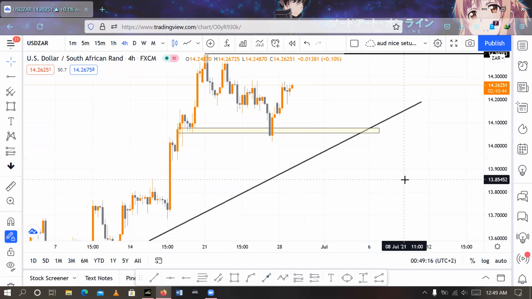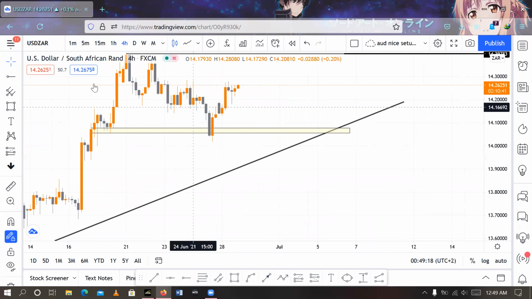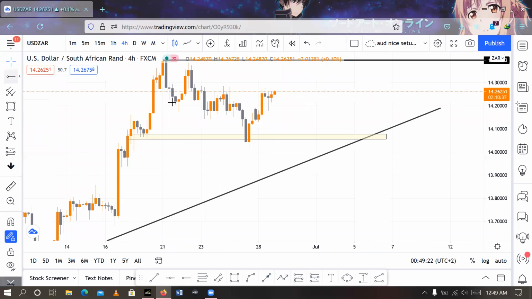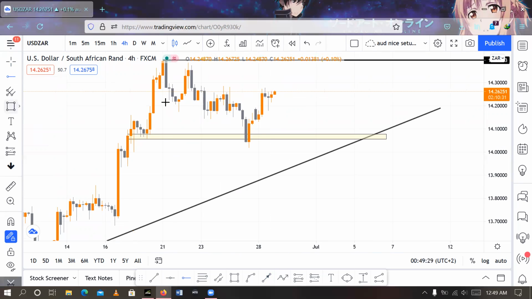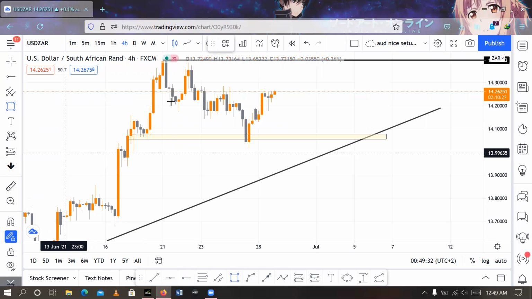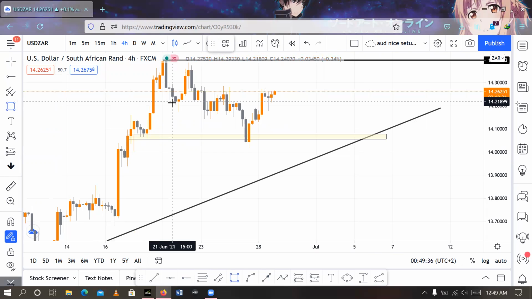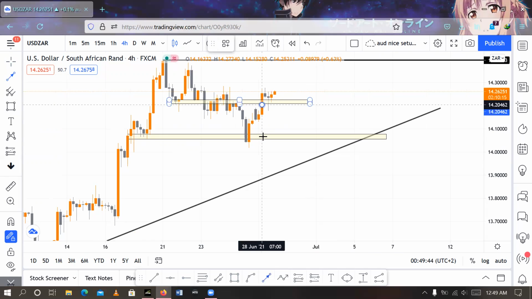Now what we had predicted was that if the market had broken this area here, let me use this zone here. Okay. Now we had identified that if the market had actually broken this level, we would get a push to the downside to this area here, which was also our Fibonacci level.